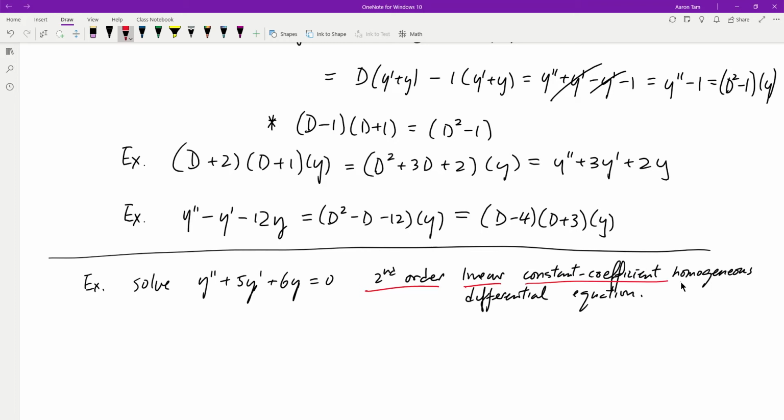Okay, so I think that pretty much describes what this equation is. Notice that there are quite a few different words, four different adjectives to describe this one equation.